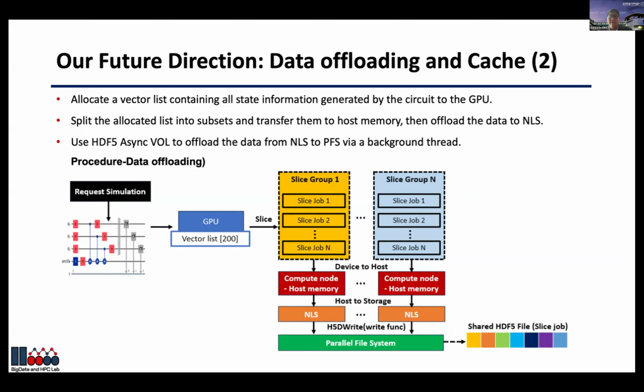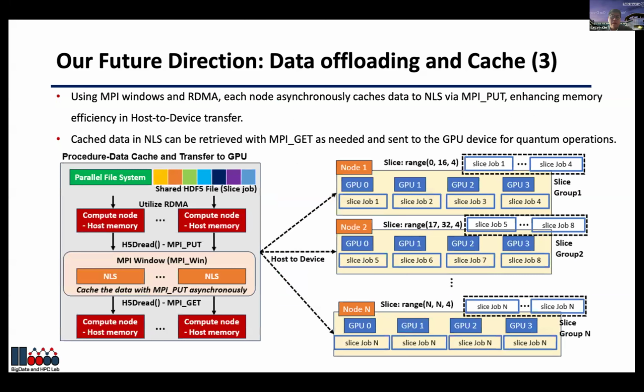We utilize the HDF5 library APIs to store the quantum information, and then reuse the quantum information from the distributed file system rather than going along with a single device and single memory.